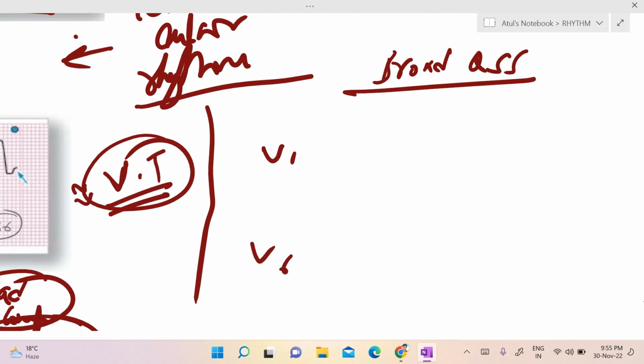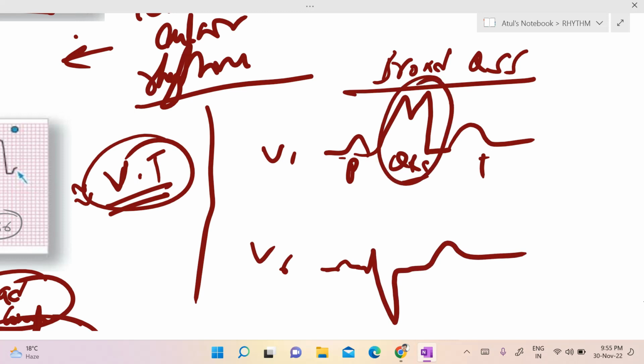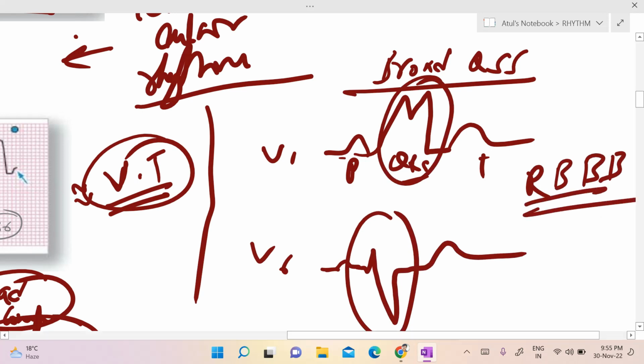If V1 has this type of QRS complex, this is P wave, this is QRS, and this is T wave, and the V6 lead has this type of QRS complex, this is right bundle branch morphology of the broad QRS complex.